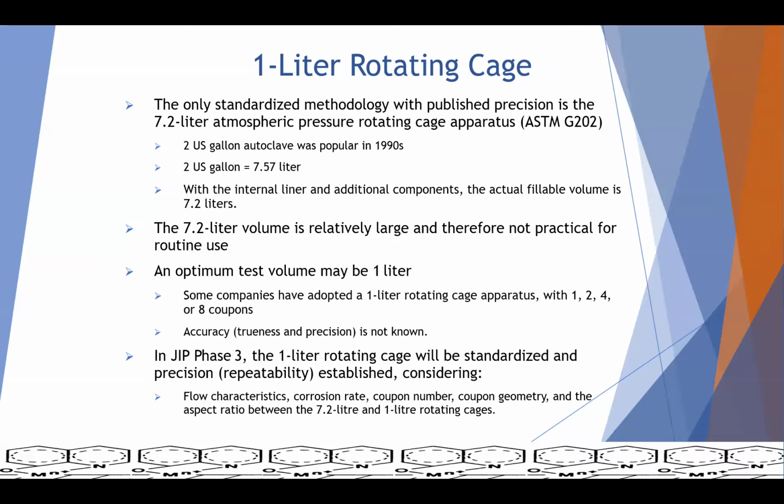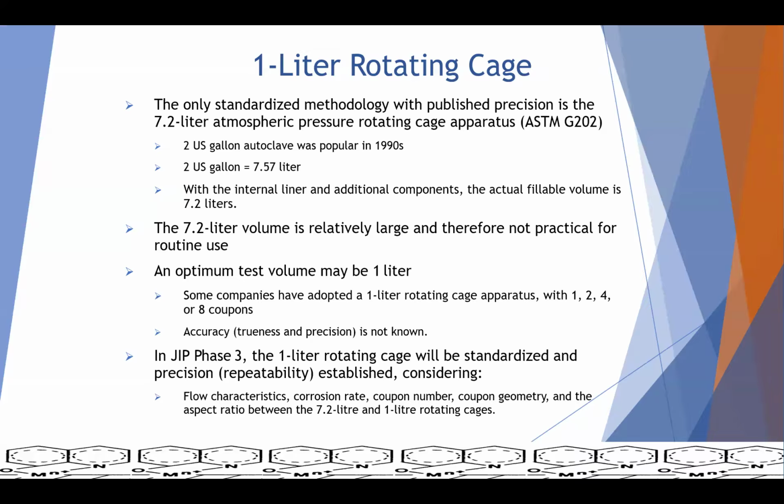Trueness compares lab testing with field testing. Precision is repeating the same test under the same condition. In JIP phase 3, we will standardize the 1 liter rotating cage only in terms of precision. We may not know the trueness, but we are only going to focus on precision based on repeatability under one lab to start with.